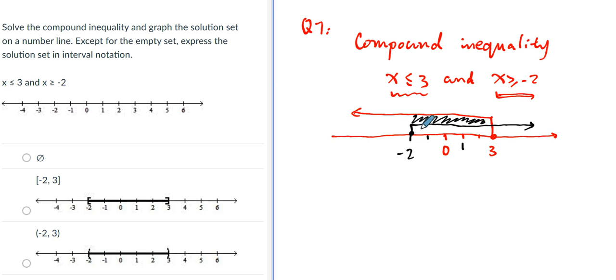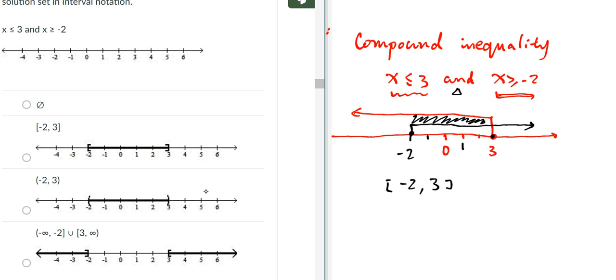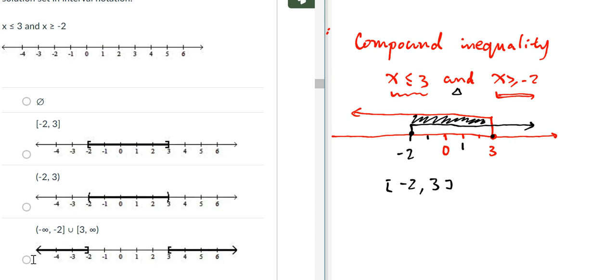So this is the common part because of the word and, and you need to choose from -2 to 3, and both ends are solid here, so they need to be included. So in this case, this will be our choice, -2 to 3 inclusive, the second choice.